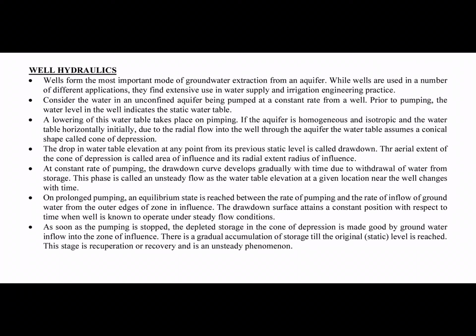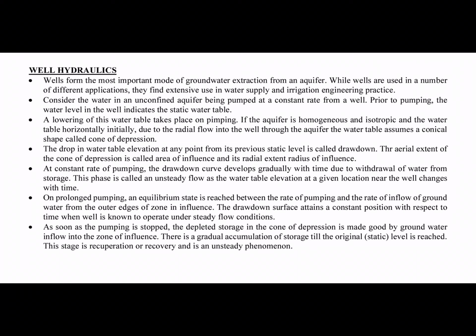Depending upon the aquifer condition, like the soil type, the texture, and how much water is available there, we are going to calculate the discharge from different types of wells.